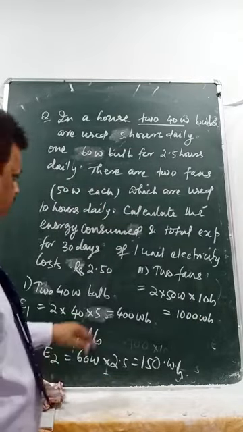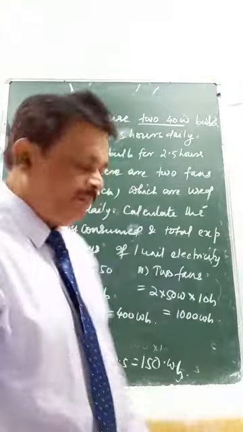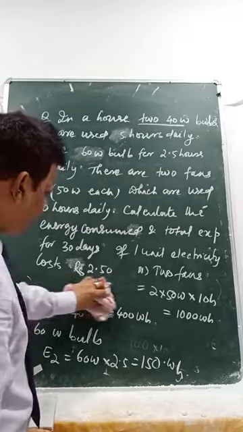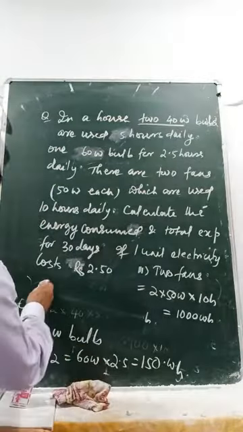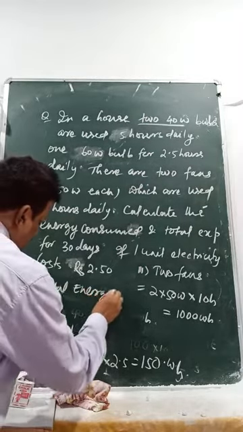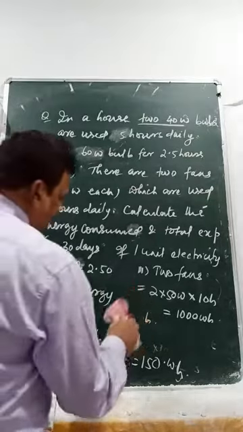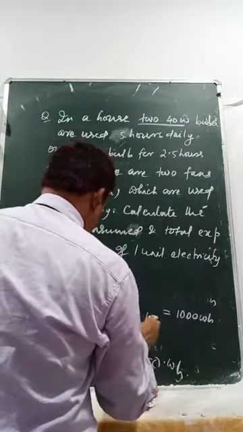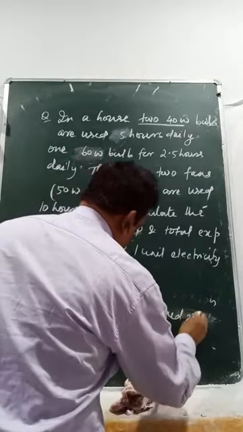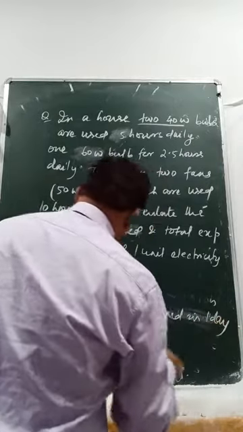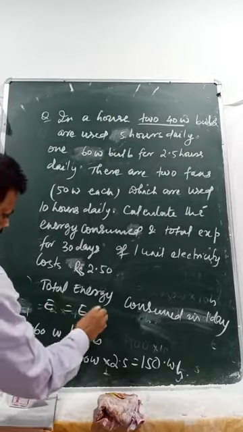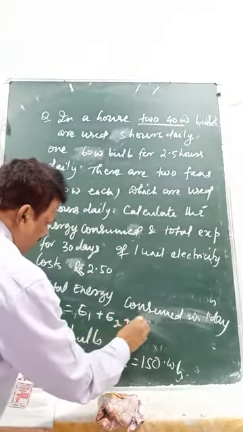So now what is the total energy consumed in one day? You can write total energy consumed in one day. How much will it be? The energy will be first energy plus second plus third.